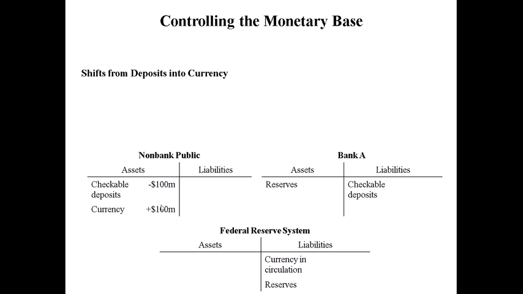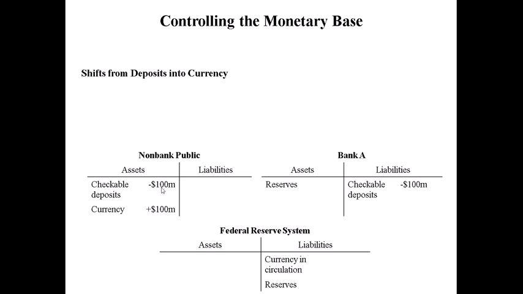This person's assets have not changed because the $100 million increase in currency is offset by a $100 million decrease in checkable deposits. Now, recall that both of these are in the M1 definition of money, checkable deposits and currency. Now, because George Jetson's checking account balance went down by $100 million, Bank A records that as a $100 million decrease in its liabilities.